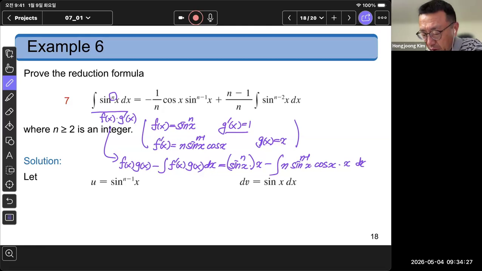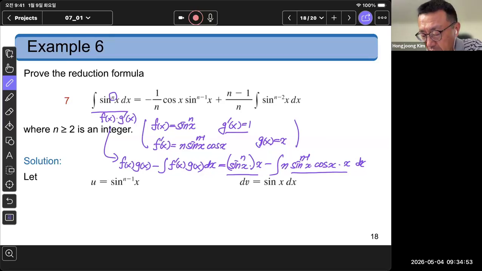Then the first term is simple, a simple product of two functions, that is fine. The problem occurs with my new integrand: sine x to the n minus 1 times cosine x times x. So the problem becomes more complicated.